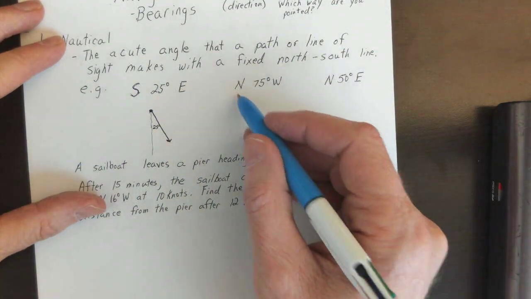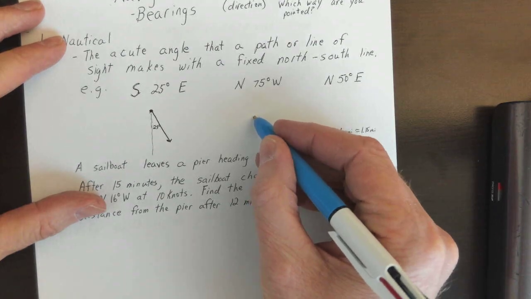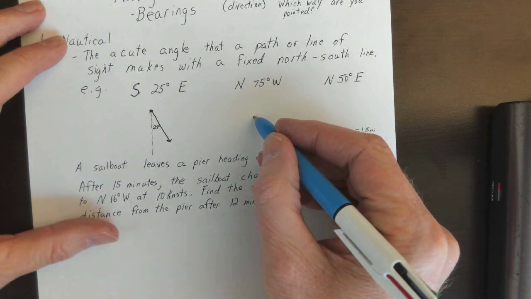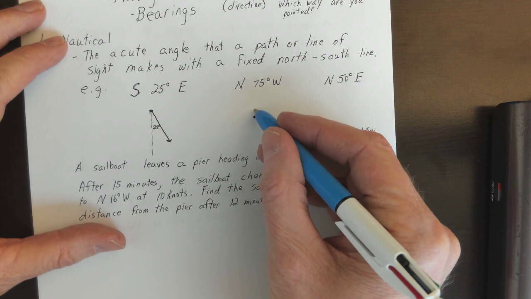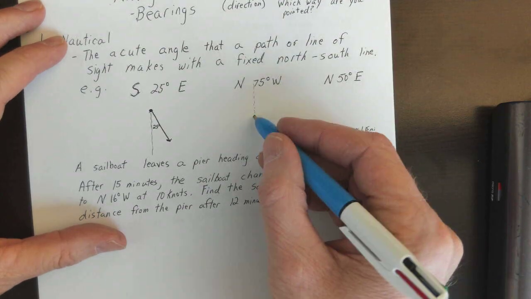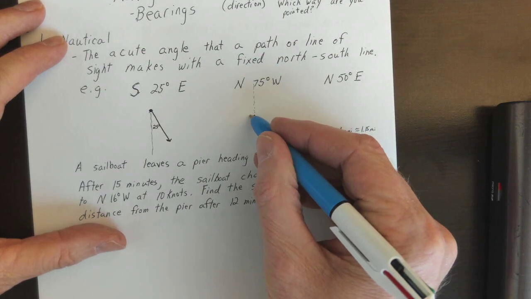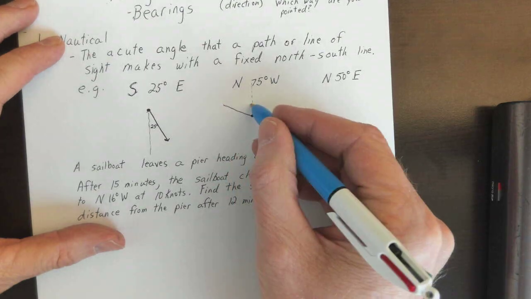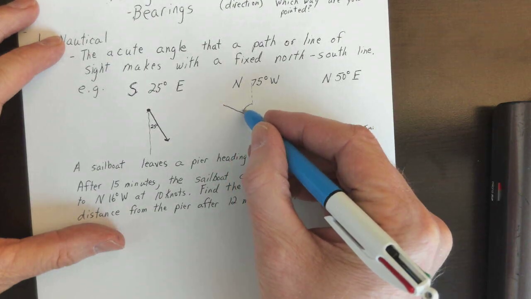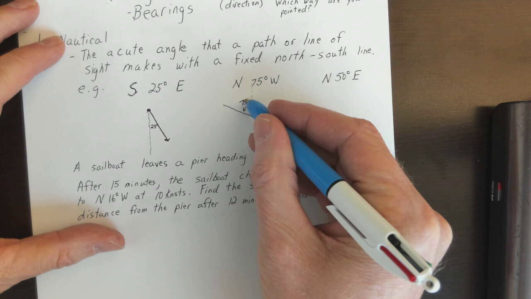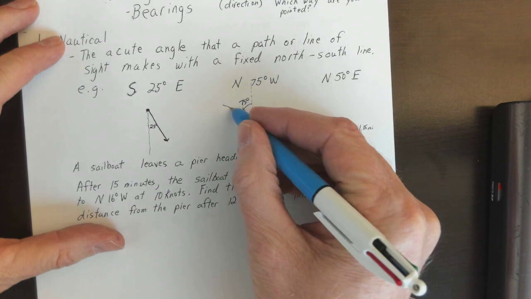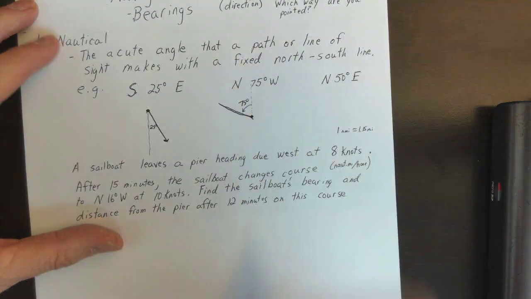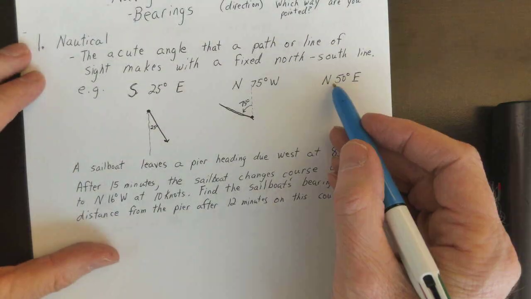Now, north 75 degrees west. If I draw that northern line there, and I go 75 degrees off of that, 75 degrees this way, this is the direction that I'm headed. North 50 degrees east.